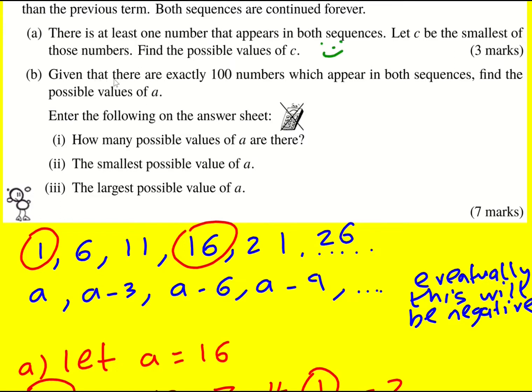Right, let's look at part B. Given that there are exactly 100 numbers which appear in both sequences, find the possible values of A. That is the starting number of the second sequence.